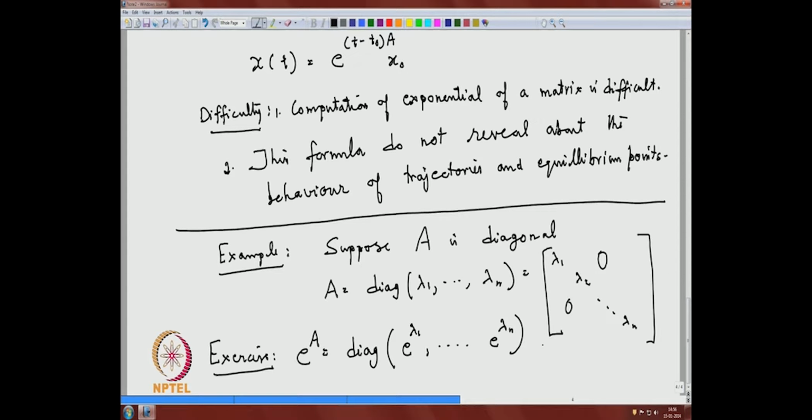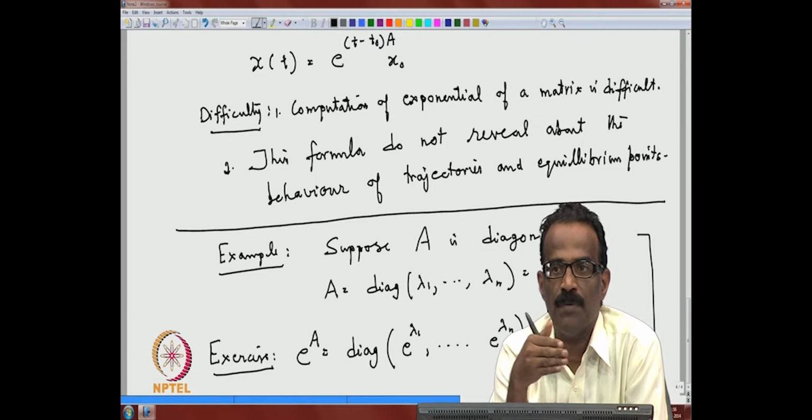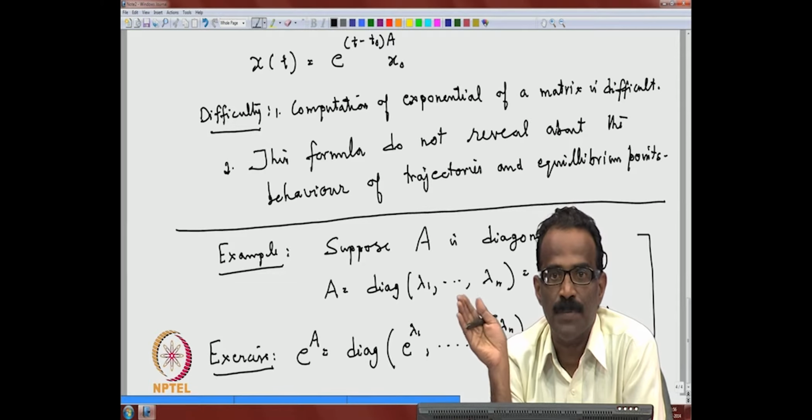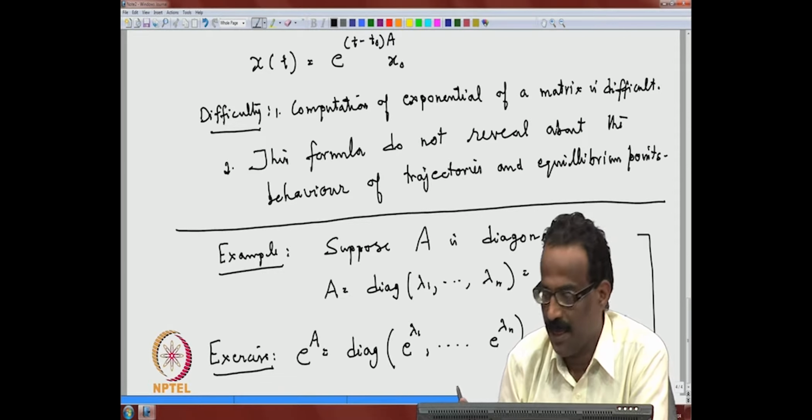What you have to do is compute A square, A cube, etc. If you compute A square, you get the diagonal lambda 1 square, lambda 2 square, through lambda n square, and for any A power n it will be diagonal with lambda 1 power n through lambda n power n. Then add them up and you get the matrix e power A immediately.